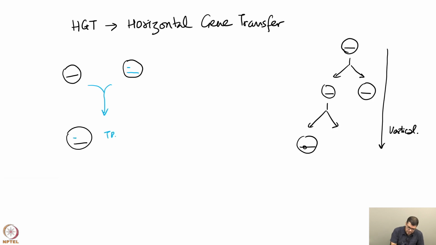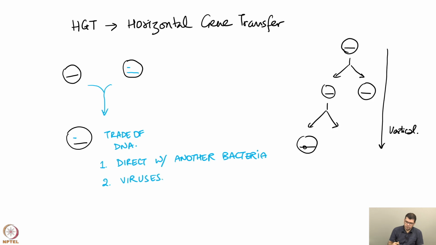And the popular mechanisms of this are direct trade with another bacteria, or viruses carry pieces of DNA around. So, one virus might have infected another individual and is carrying its piece of DNA, and when it infects me, I inherit that piece of DNA.